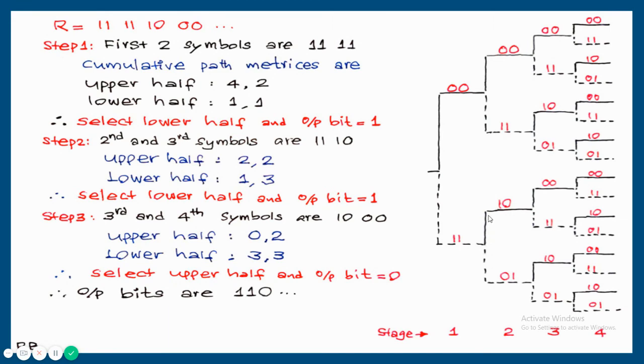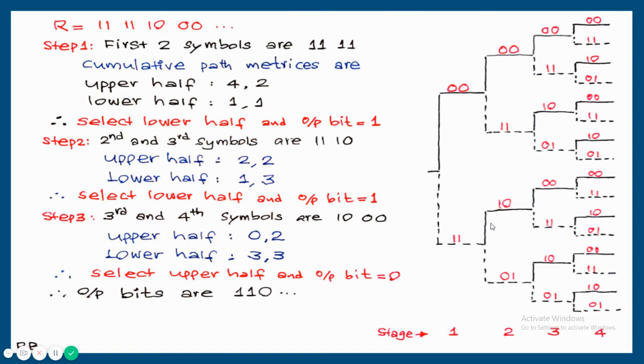Start from here: 1 0 0 0 and 1 1 1 0. The number of differences is 2. I think it's clear how we are getting 2. First bit same, second bit different, third bit different, fourth bit same. So only 2 differences. Those 2 differences are written here.